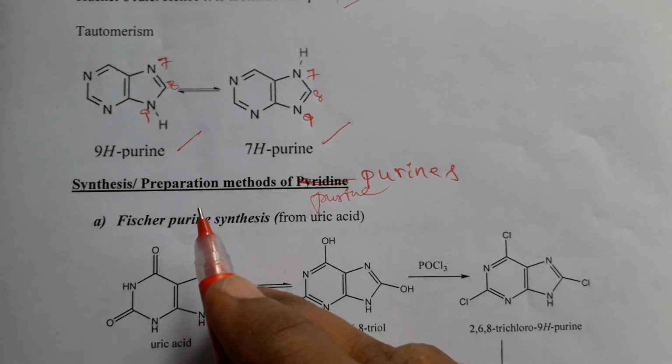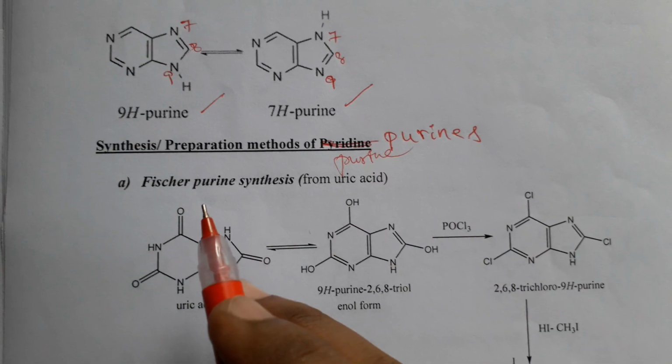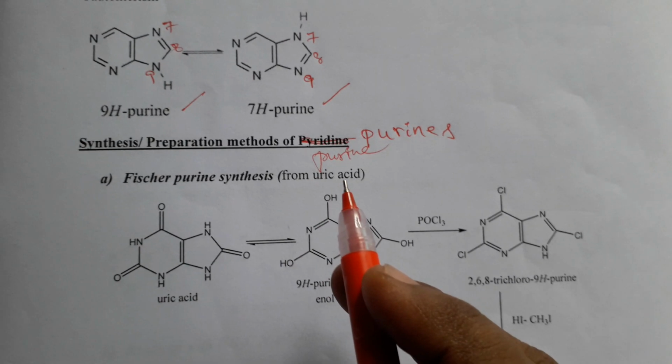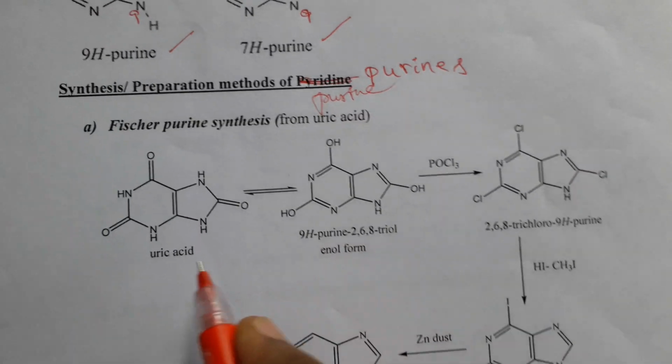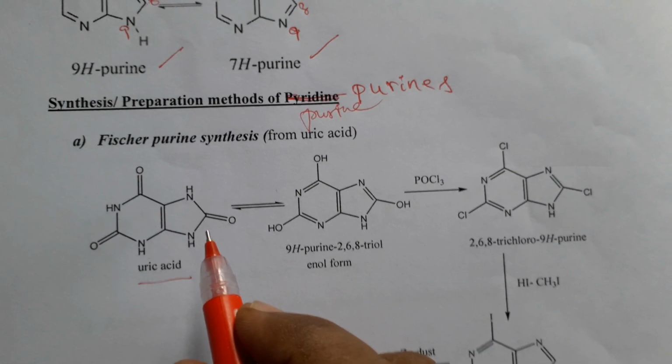Then coming to the synthesis or preparation methods of purines, Fischer purine synthesis. Here the purines are produced from uric acid. This is the structure of uric acid in the keto form.